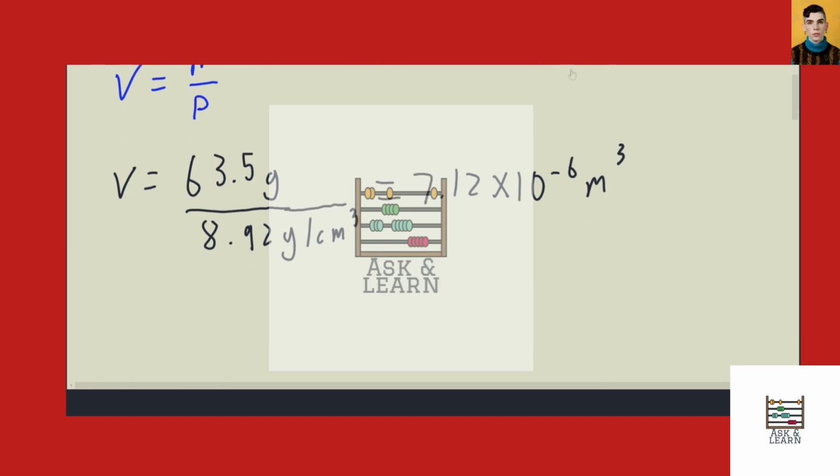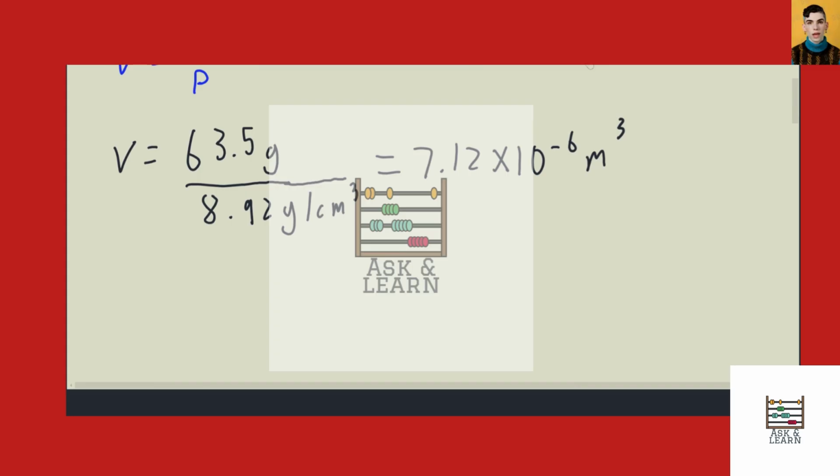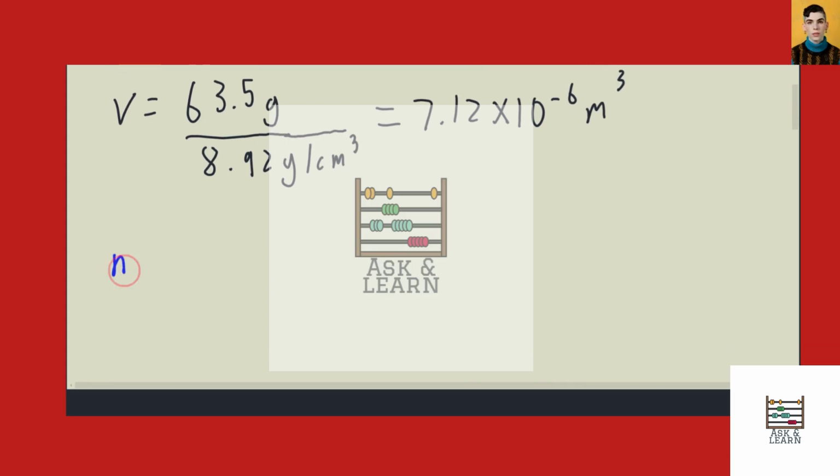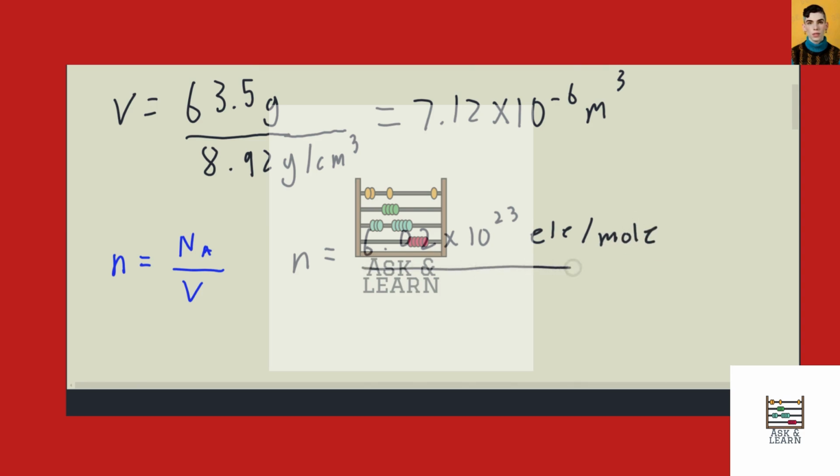Now to get the number of electrons per meter cubed, n, this is going to be equal to Avogadro's number divided by the volume V. So we plug in Avogadro's number, which is electrons per mole, and then divide by the volume that we calculated.